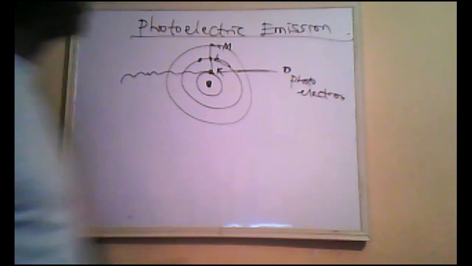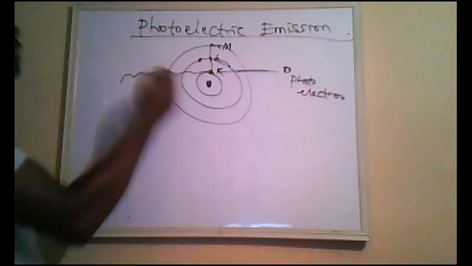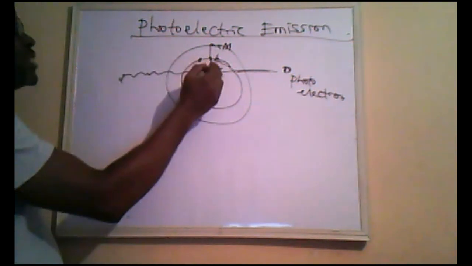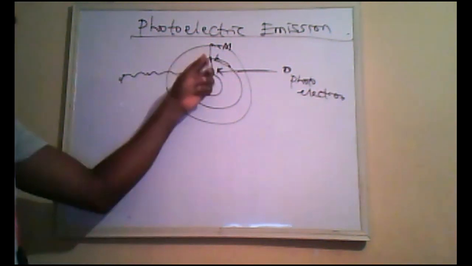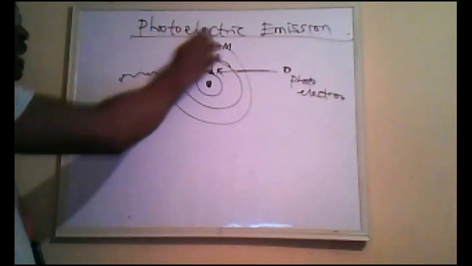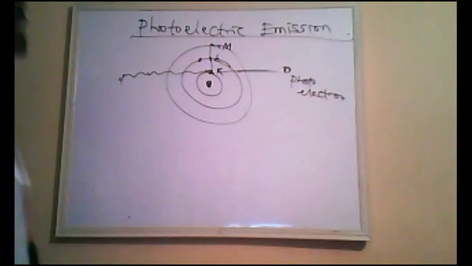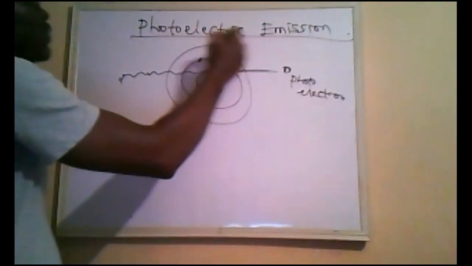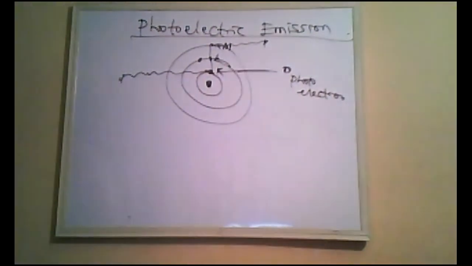So in photoelectric emission, the photon energy is completely absorbed by the electron. It is different from what we had in Compton, in the sense that there the electron absorbs a part of the energy, and the remainder is given to another photon with a different wavelength and frequency, which continues on a different path.